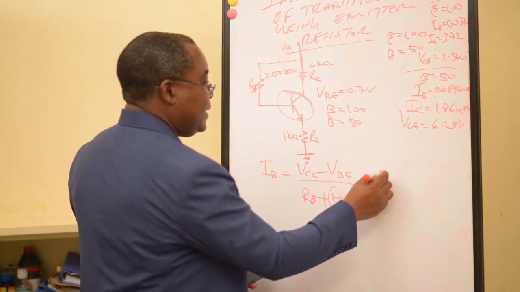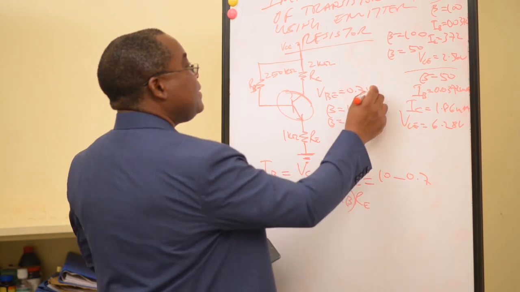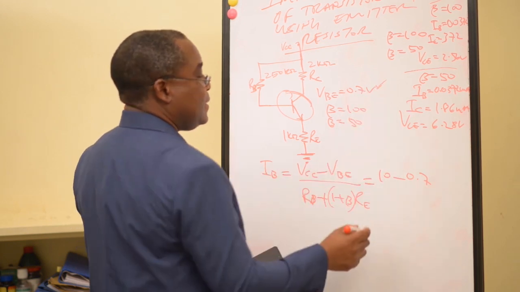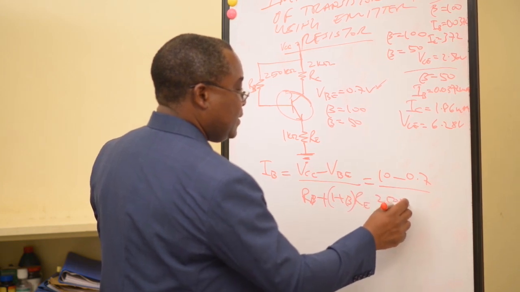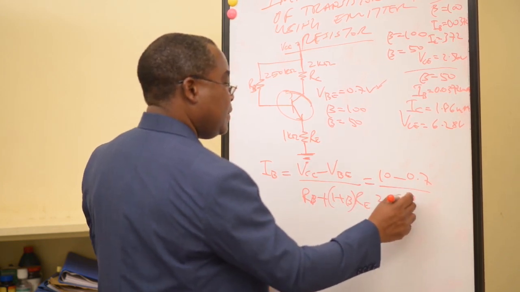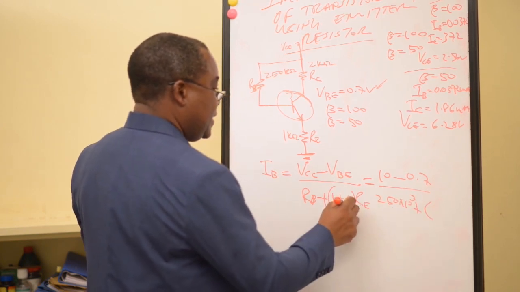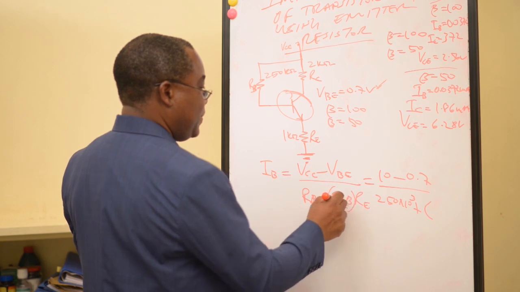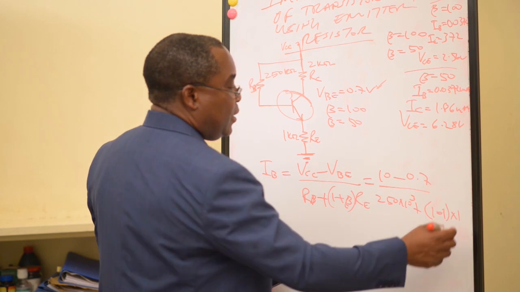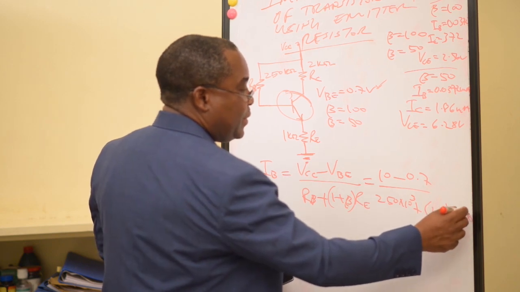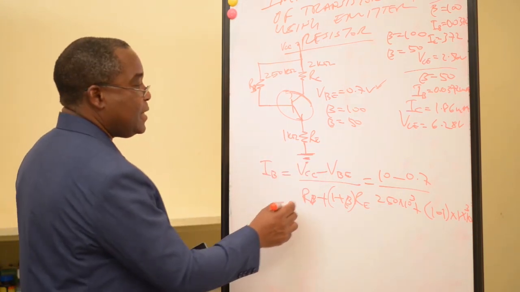Our VCC is 10 minus VBE, which is 0.7. Our RB is 250 kilo ohms plus beta is 100, so 100 plus 1 is 101. And our RE here is 1 kilo ohm, so it's also 10 power 3.